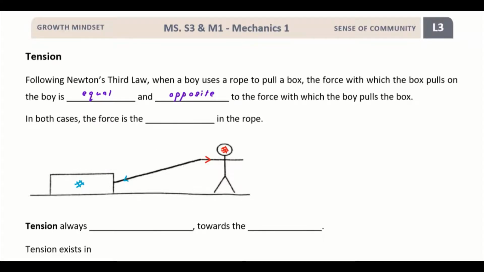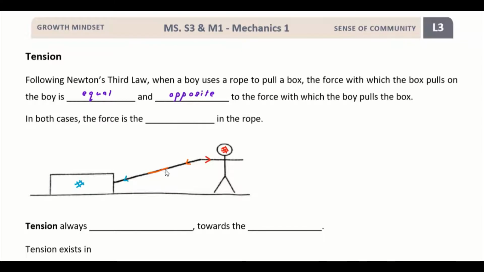But don't forget there's another thing in between here, which is the rope that the boy is using. Using the same idea, when the boy pulls the rope, there will be a reaction equal and opposite to that force. This is going into the rope. This is the reaction on the rope.